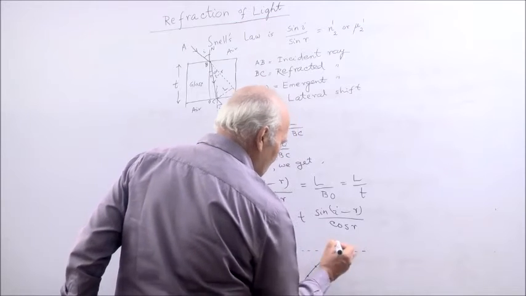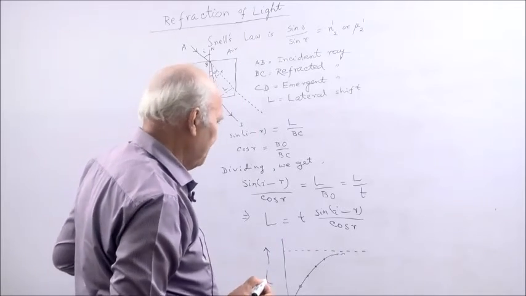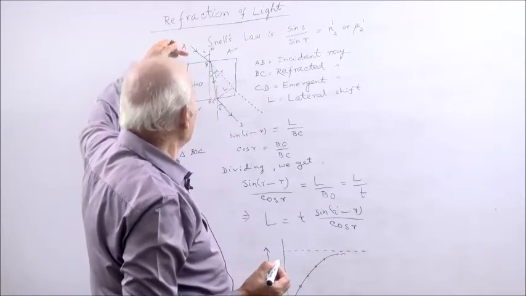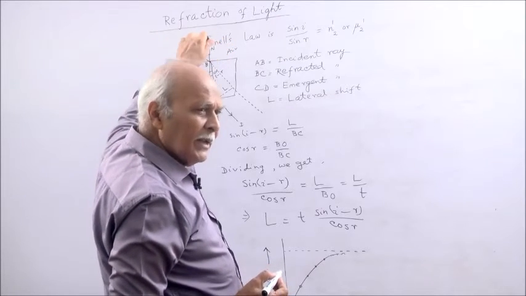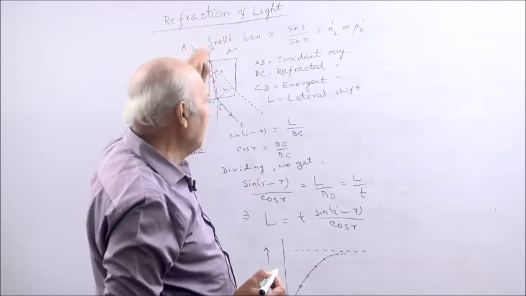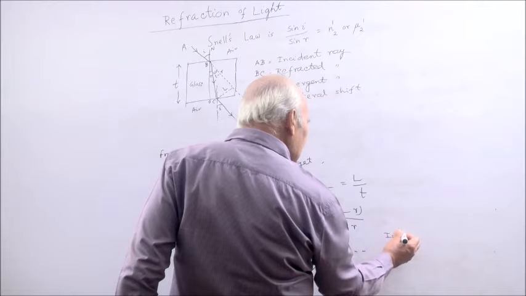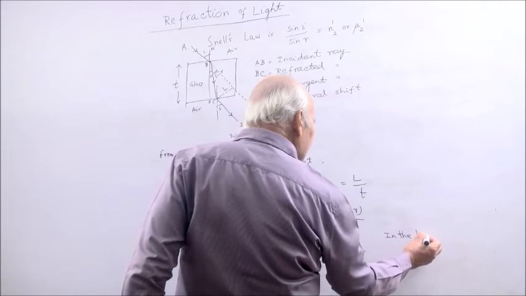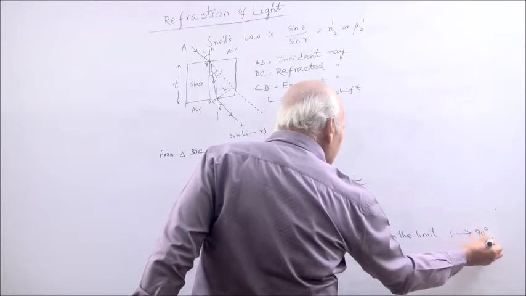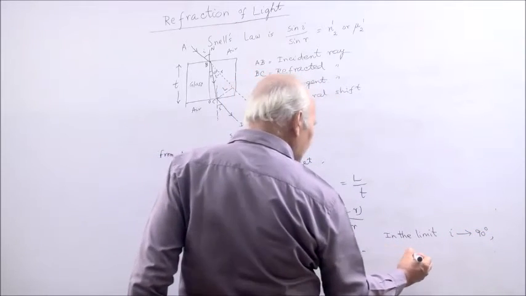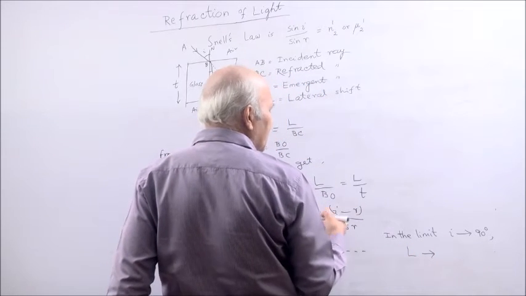Why? The question is why this type of graph is obtained. From this one you can see that i, the angle of incidence, can never be 90 degrees. It will be less than 90 degrees, suppose 85 degrees or like that. But if you take the limiting case, in the limit i tending to 90 degrees, then L tends to T sin(90 minus r), that is cos r.